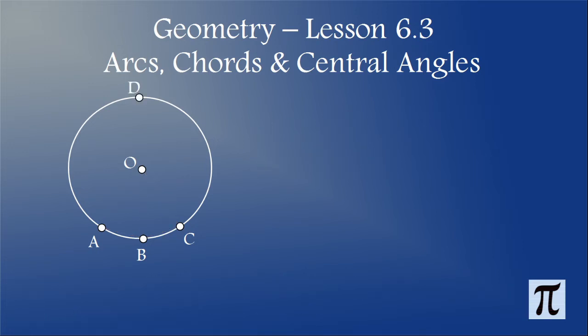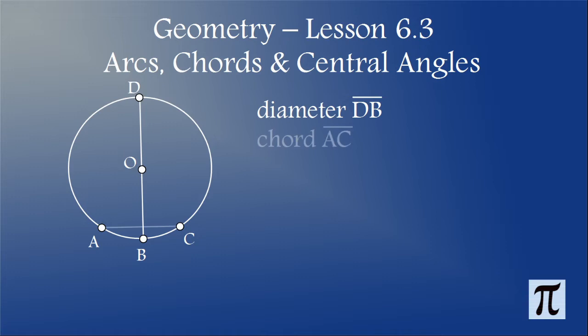Let's add another point D at the top of the circle. And we'll connect D to B, creating a diameter segment DB. Next, we're going to connect A to C to create a chord. Finally, we're going to state that DB is perpendicular to AC.